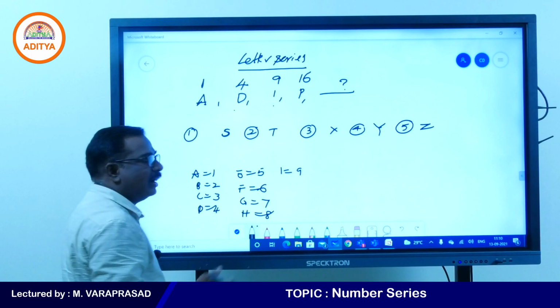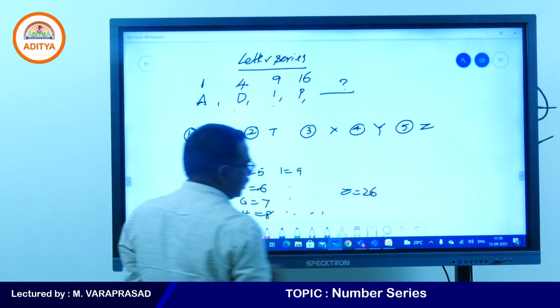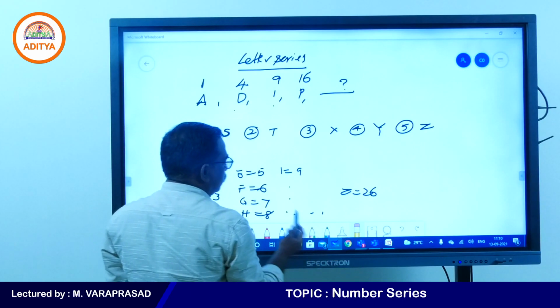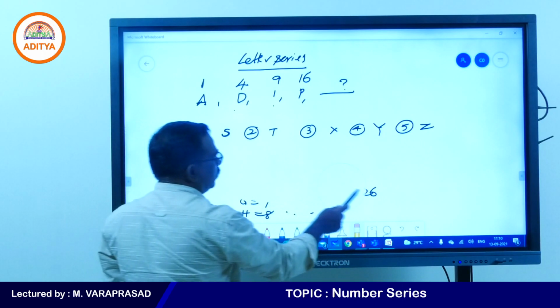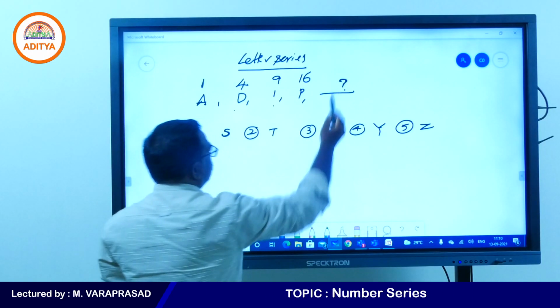Like that we get up to Z equal to 26. What is the logic here? What will you get in the place of the question mark?